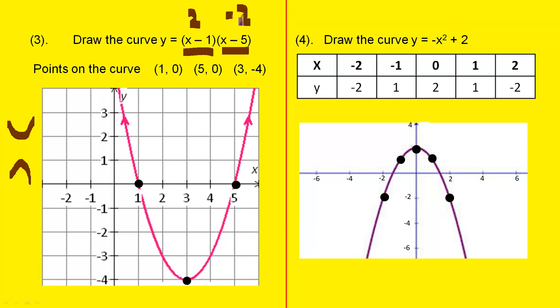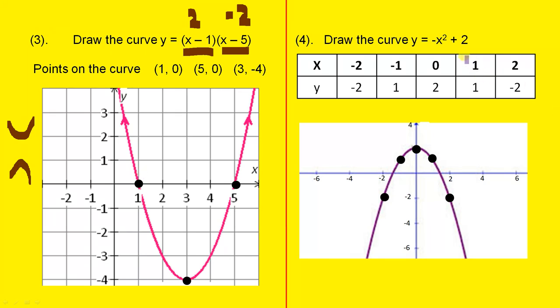And if you multiply 2 by minus 2, you get minus 4. So another point on the parabola is 3, minus 4. And that tells you that that point is on the parabola, so we know that the parabola looks like that. Okay? That's how you work out whether it looks like that or like that.